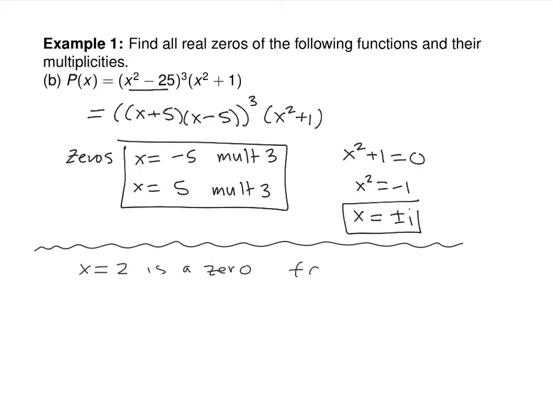Your factor is x minus 2. Does that idea make sense? Okay, so we're going to have polynomials where we're given the zeros of them and we're asked to find the original polynomial.